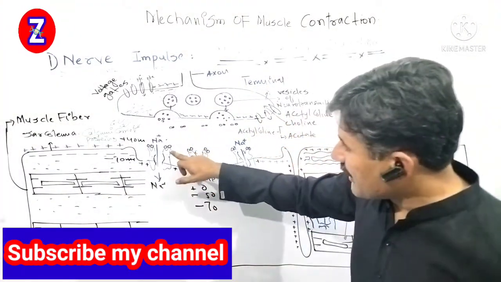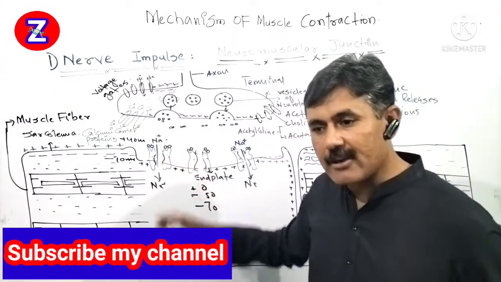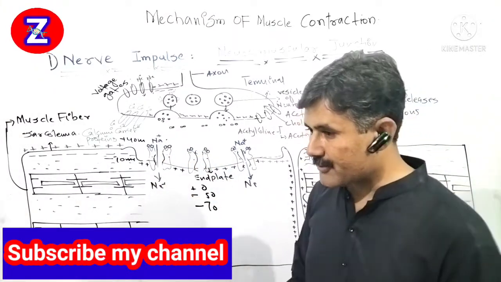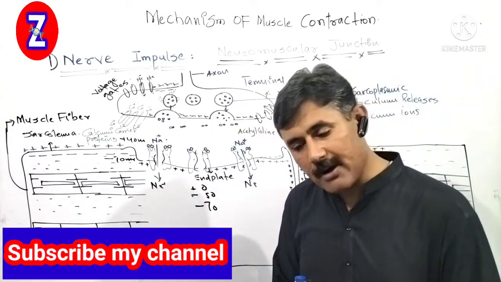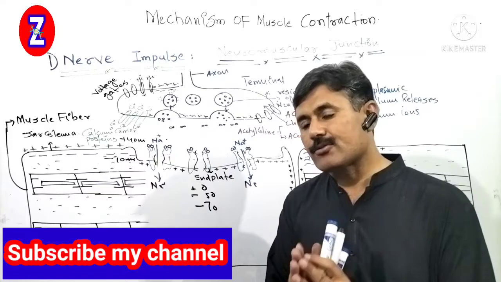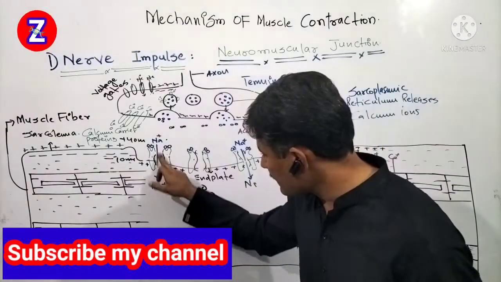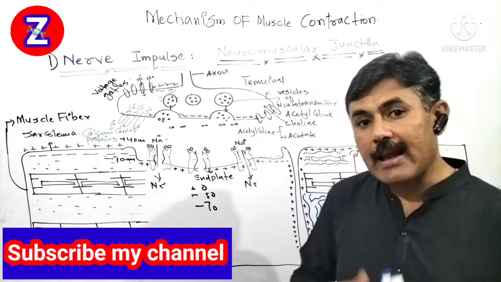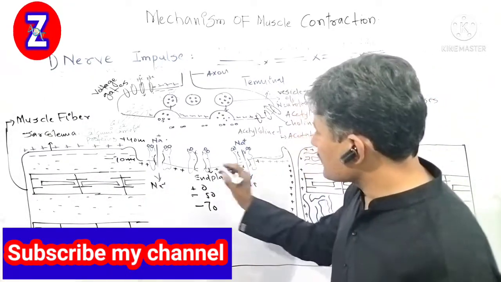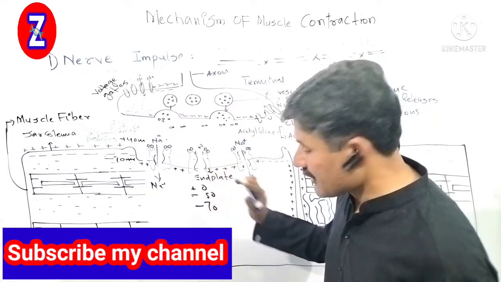As acetylcholine reaches these receptors, which are sensitive to it, acetylcholine will remain attached to these receptors, and as it attaches, it opens up these gates. And when these gates, called ligated gates, are open, sodium starts moving from outside to inside.